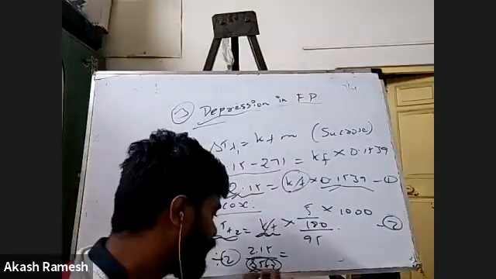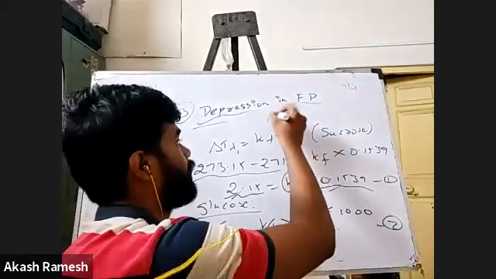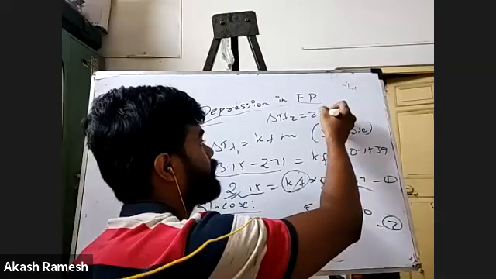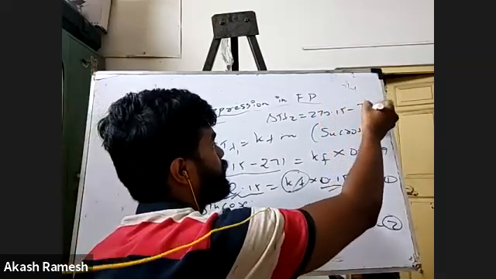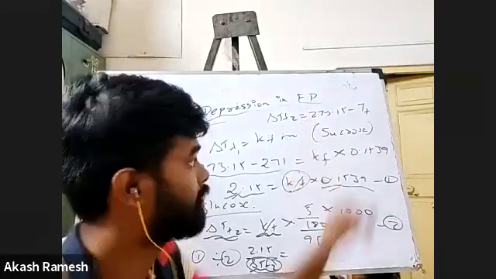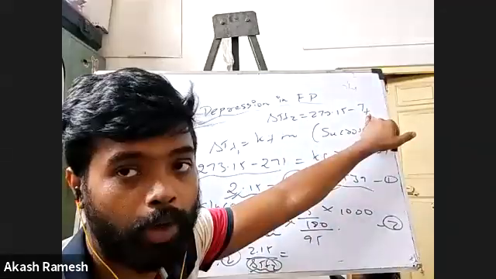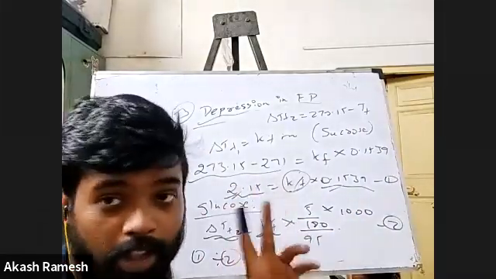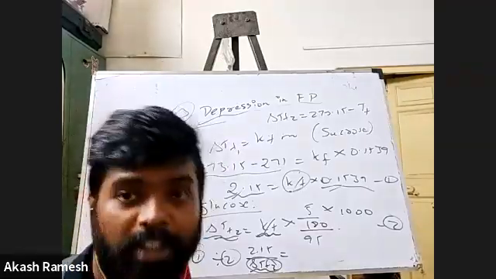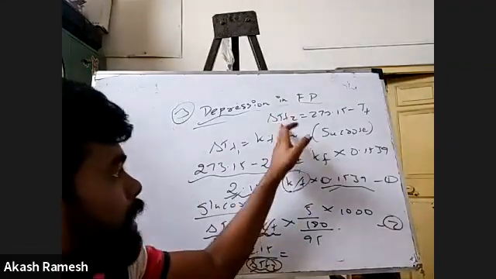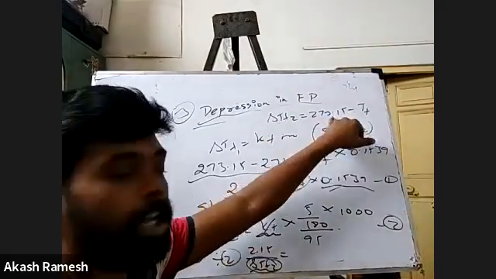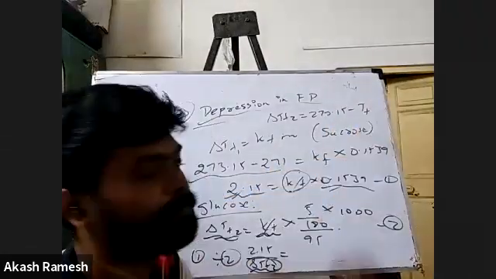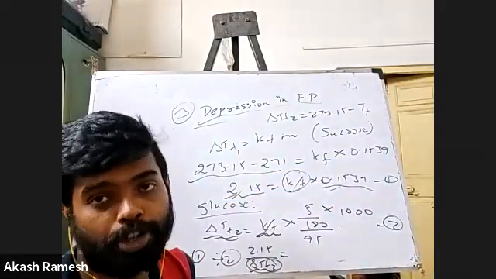So once you find delta Tf from all these calculations, say if delta Tf2 is found out, that is equal to 273.15 minus the Tf of the glucose solution, and this is what you have to find. So delta Tf2, whatever you calculate here, will be equal to the freezing point of water, that is 273.15, minus the freezing point of the solution, and that is what you have to find.